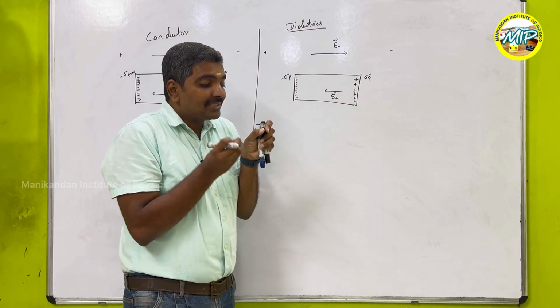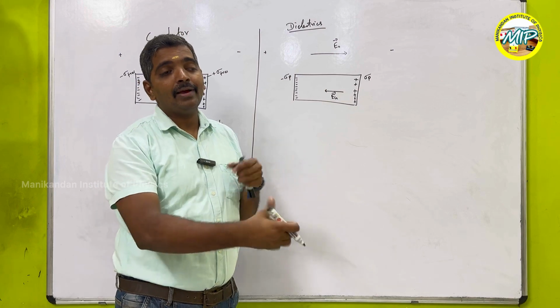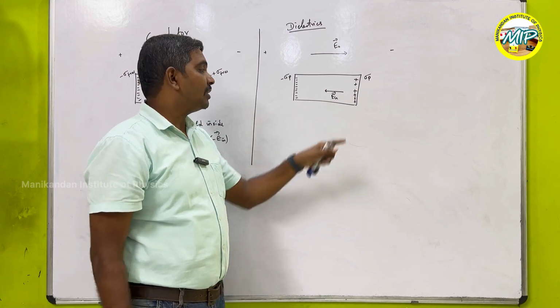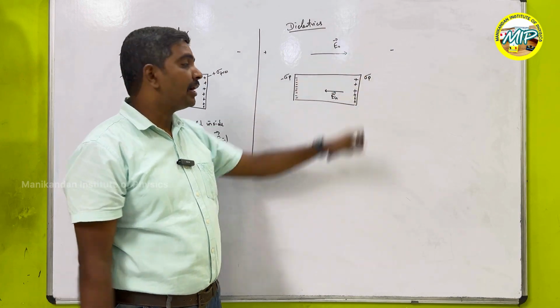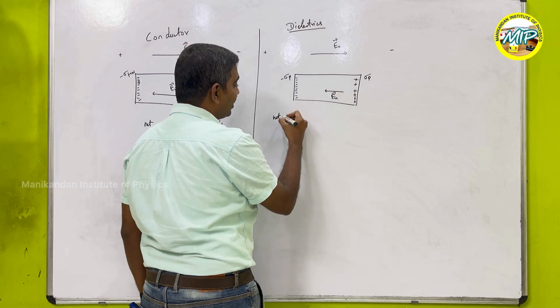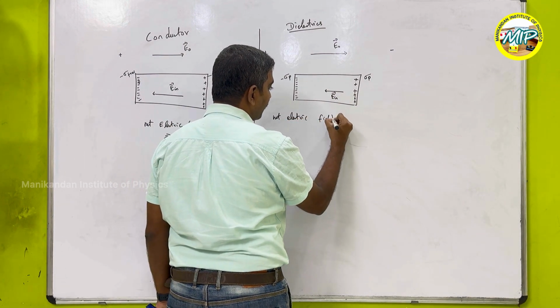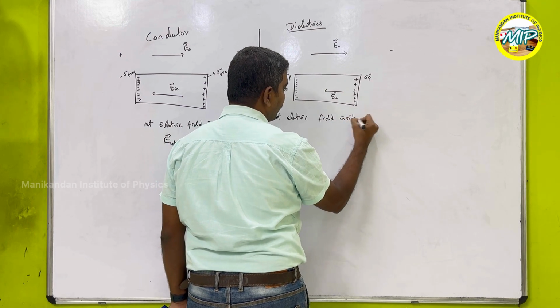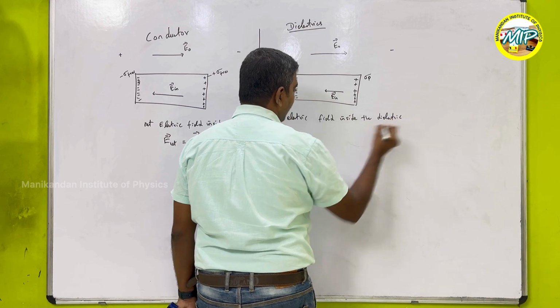Because some amount of energy is spent to remove the electron from the valence band, because of that the free charges are created. So this electric field is not equal to this electric field. So my net electric field inside this dielectric material, am I right?